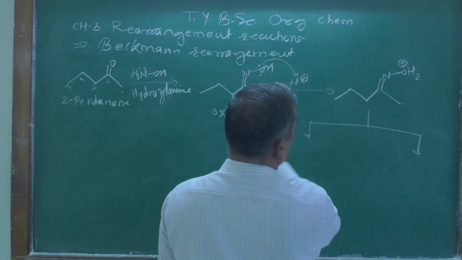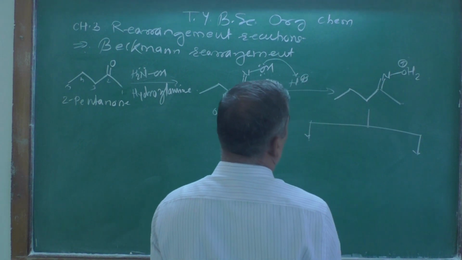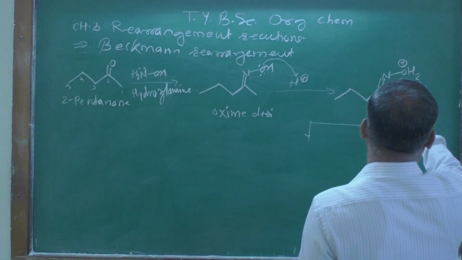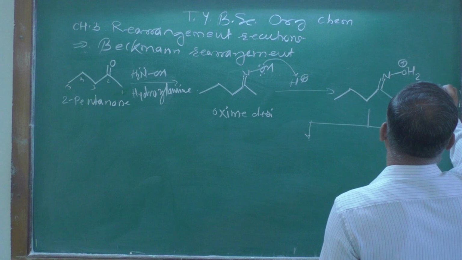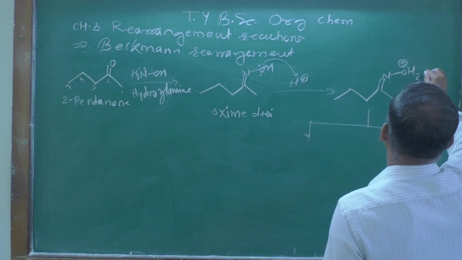We can write another way like this: double bond N, then OH2 with a positive charge over here.